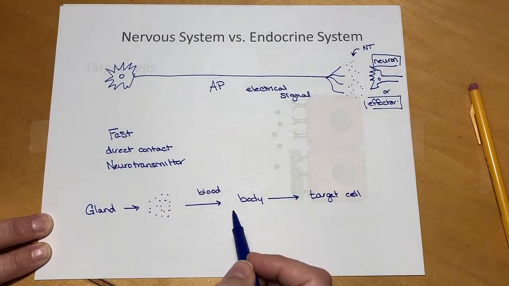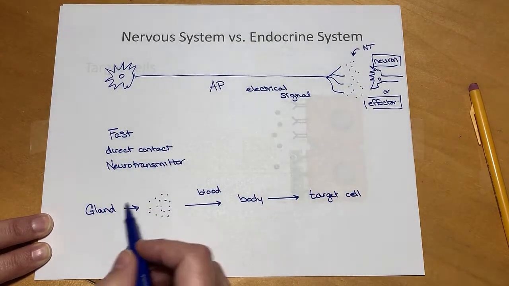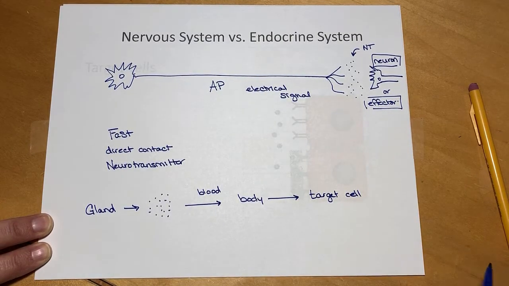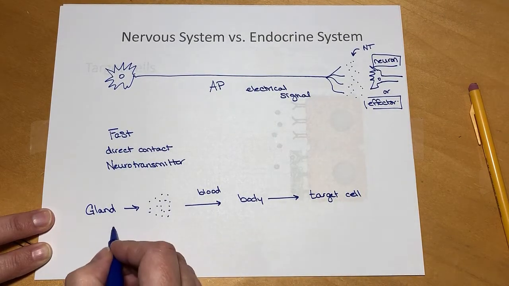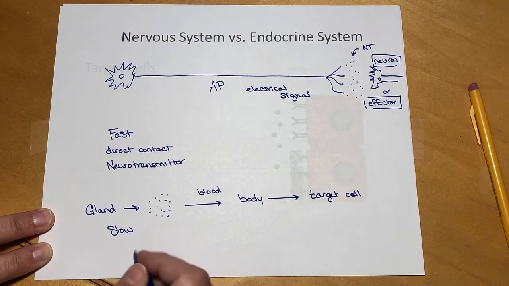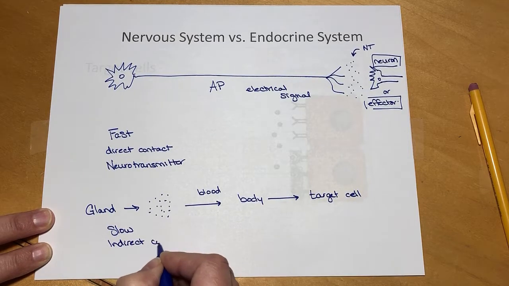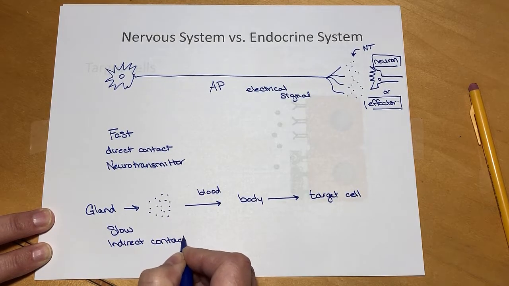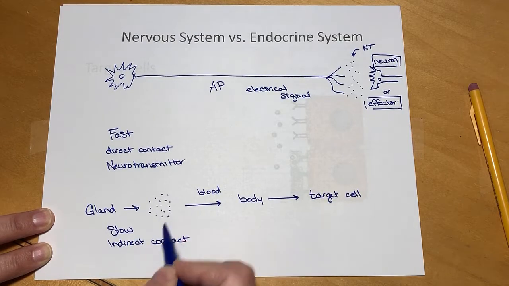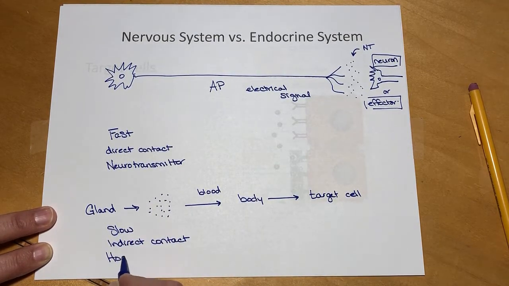So in contrast to the nervous system where it was a direct stimulation, this is a very indirect stimulation, and it can take some time. So the endocrine system is slow, it's indirect contact, and the chemical signal that we're using, not called a neurotransmitter, it's called a hormone.